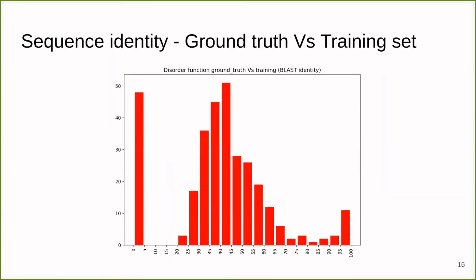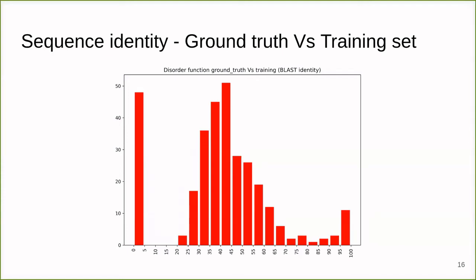I didn't check. I evaluated sequence identity of the ground truth versus the training set. There is a number of proteins with 0% identity, and about 60% of the proteins have less than 40% identity. Maybe this is not super relevant for predicting disorder, but at least for specific binding regions, the identity or the homology is important.